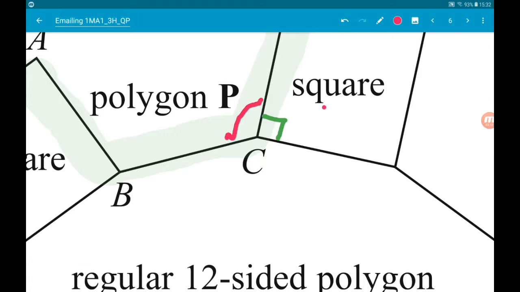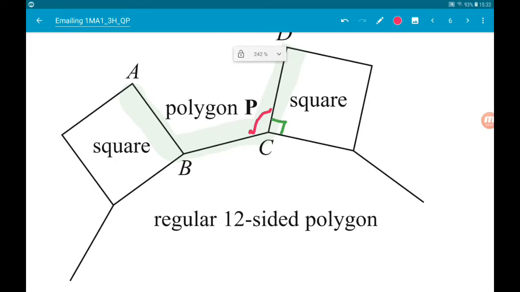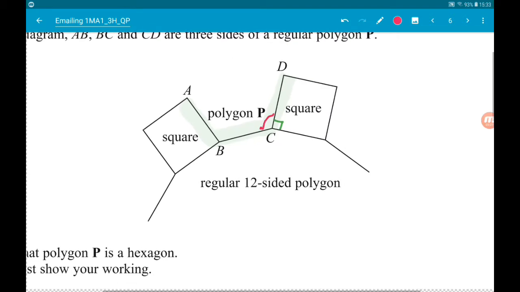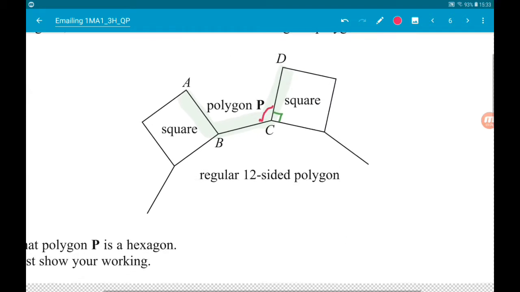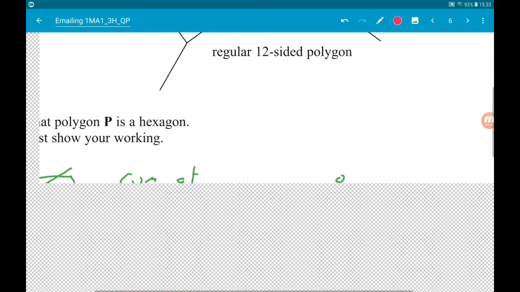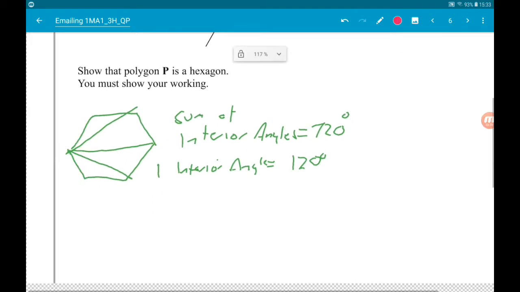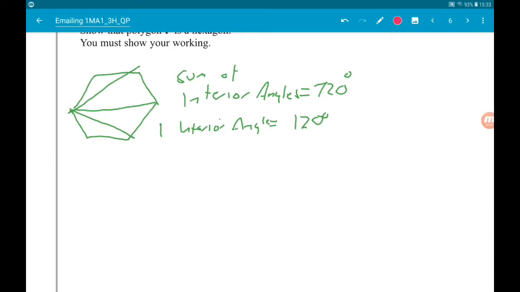Well, we need to play around with the 12-sided polygon. Now, the way that that's going to be useful is that we're going to also think about its exterior angles.